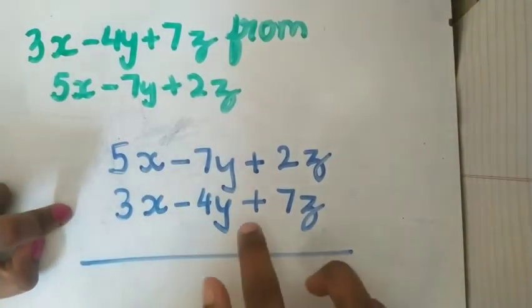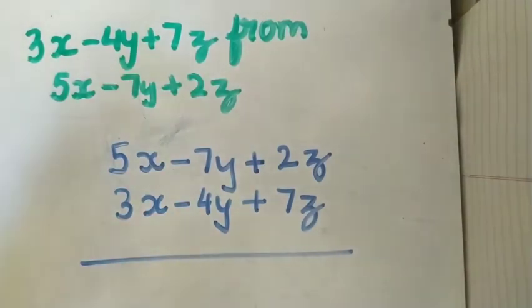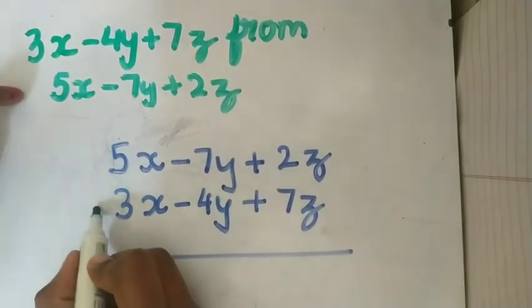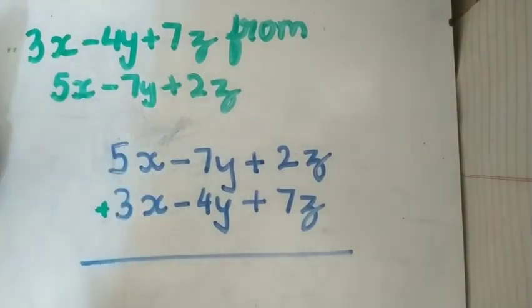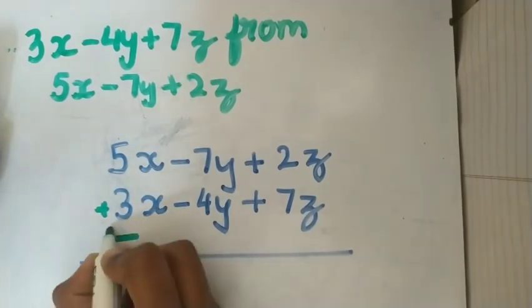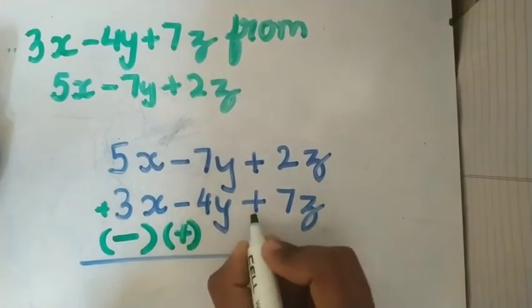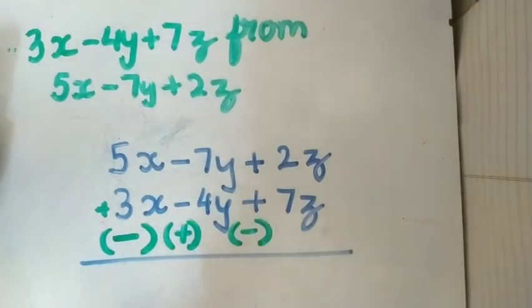We need to multiply these numbers by the subtraction symbol. Here nothing is there, means plus, see here. So plus into minus is minus, minus into minus is plus, and plus into minus is minus.